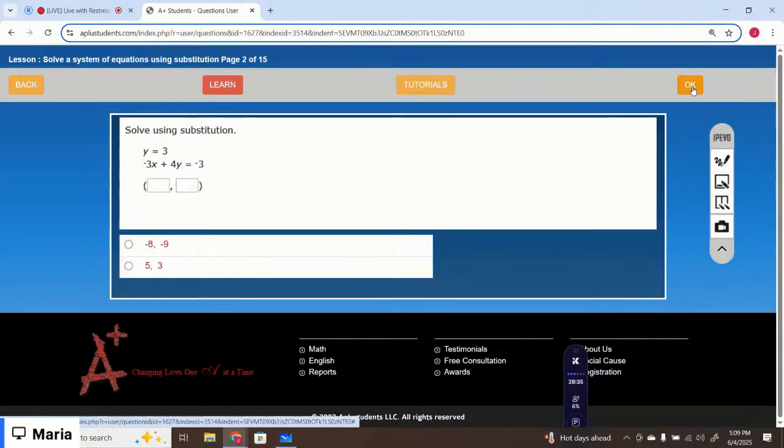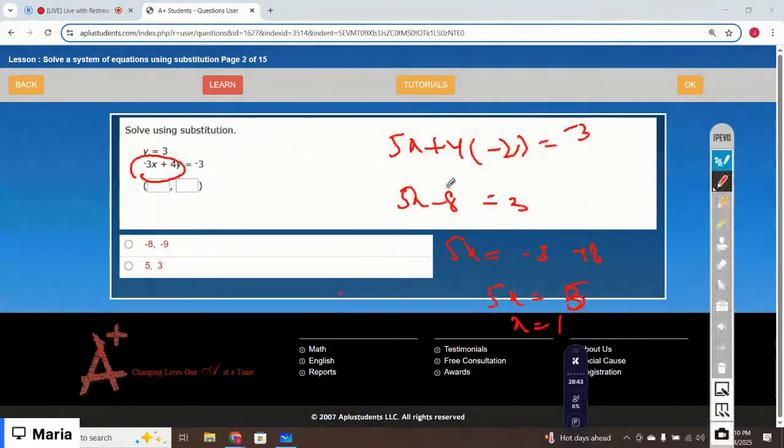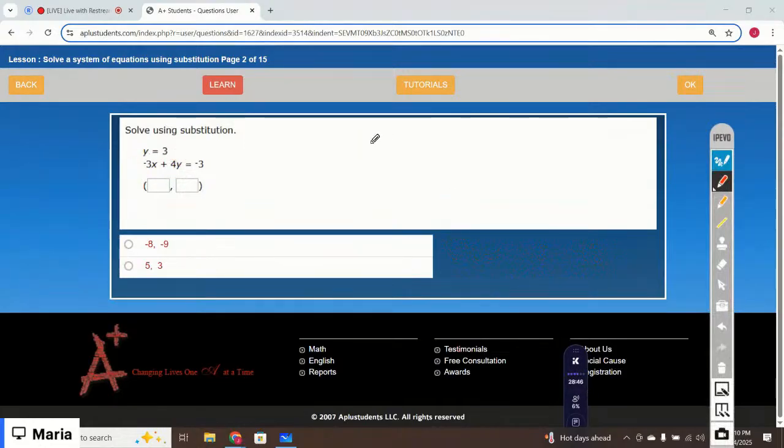Solve using the equations y equals 3 and negative 3x plus 4y equals negative 3. So we need to substitute the value: negative 3x plus 4 times 3 equals negative 3.